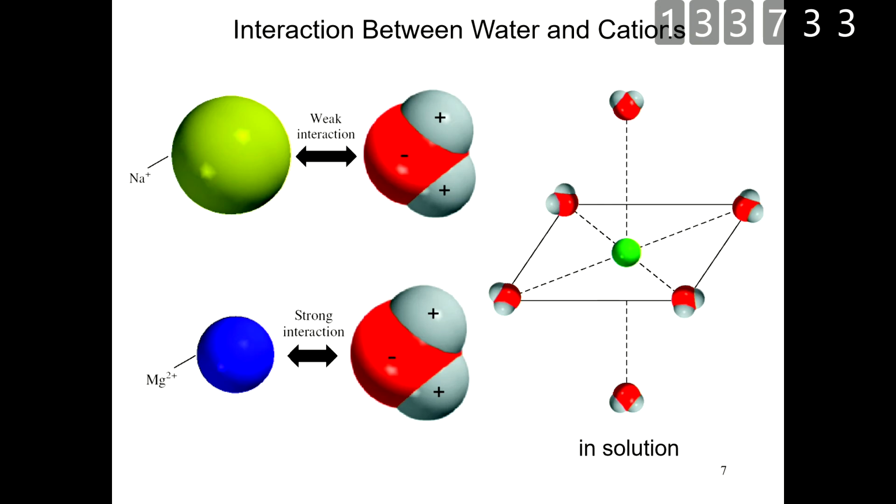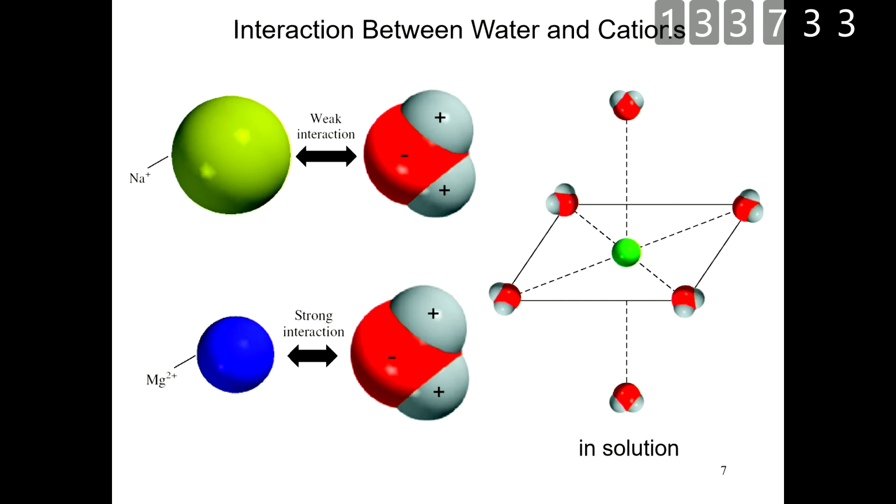For example, when salts like NaCl, sodium chloride, are dissolved in water, the formation will be like this. For example, this is sodium, and some water molecules will surround the sodium.